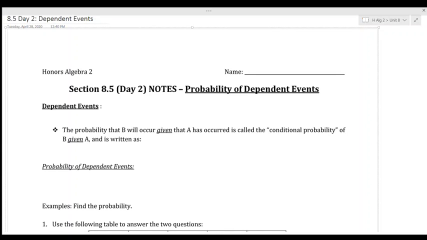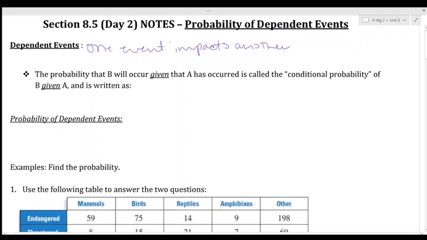We're going to get started with section 8.5, day 2 notes, which is the probability of dependent events. Dependent events is when one event impacts another. We talked about that just a smidge yesterday or the day before.